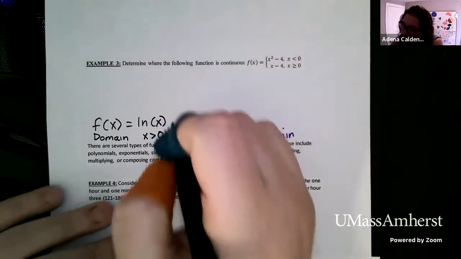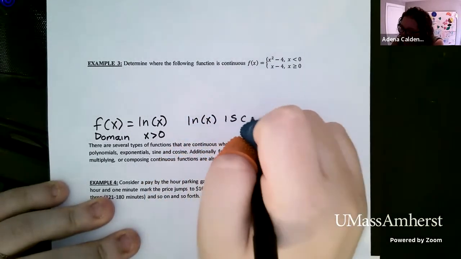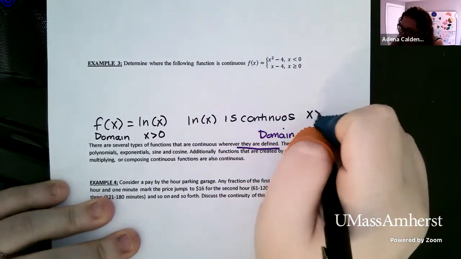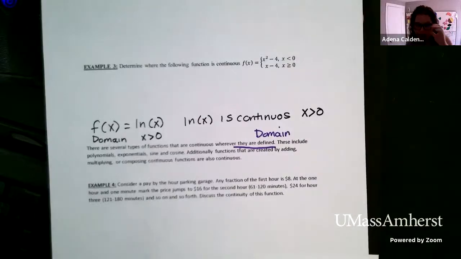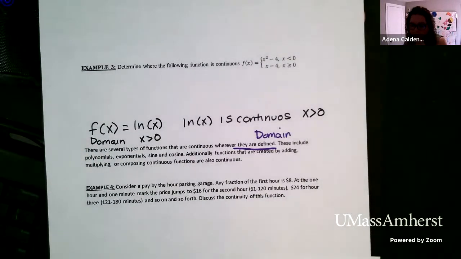So what that tells me is the natural log of x is continuous for x greater than 0, because that's where it's defined, that's its domain, okay? So oftentimes we're going to look at a function and say, where is it continuous? Where is it not continuous?